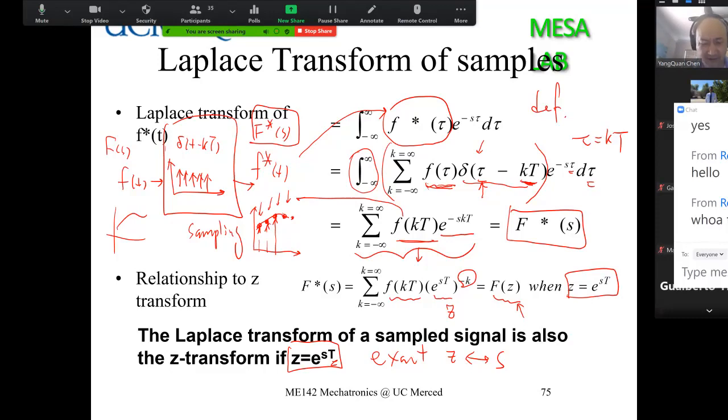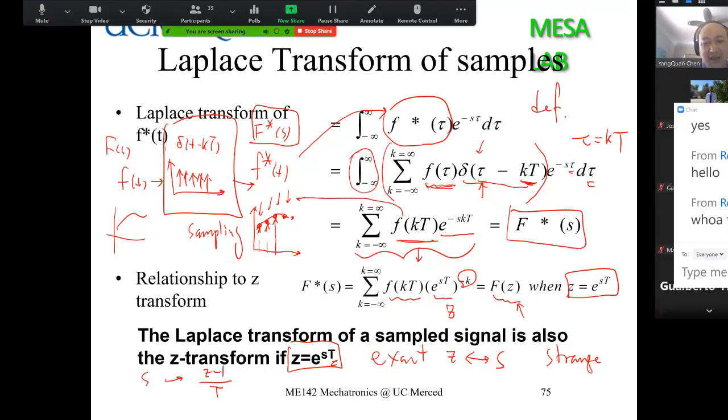All right, okay. So this is strange. Previously, we did s is something like z minus 1 divided by T. Remember the differentiator? So this is strange.